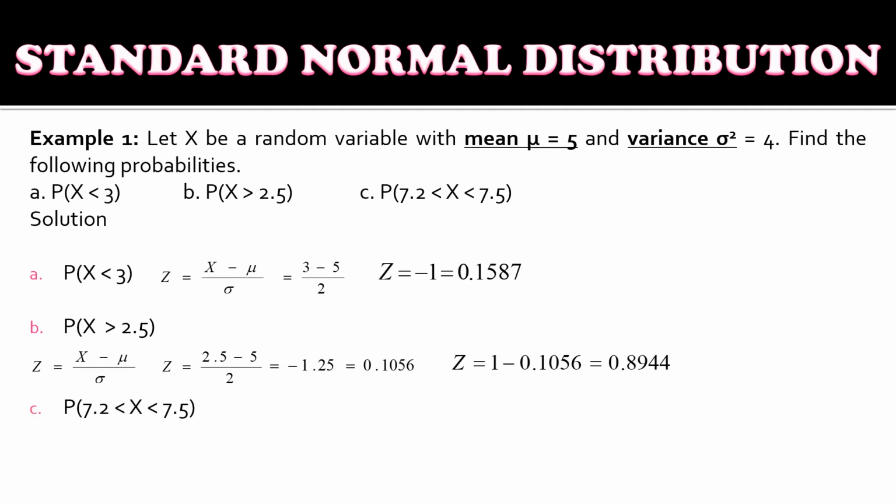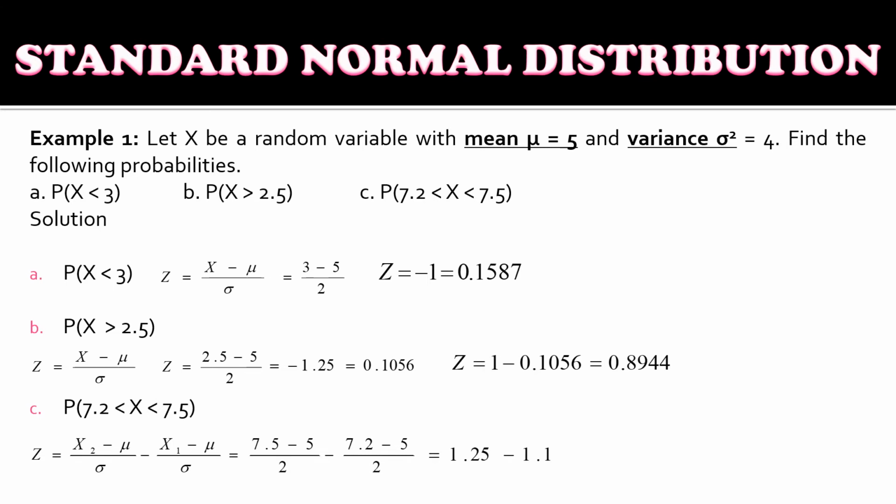Next, find the probability of x is greater than 7.2 but less than 7.5. We'll use the other formula since we have two x's. So we have x sub 2 minus mean divided by the standard deviation minus x sub 1 minus mean over standard deviation. Then just substitute the values: 7.5 minus 5 divided by 2 minus 7.2 minus 5 divided by 2.